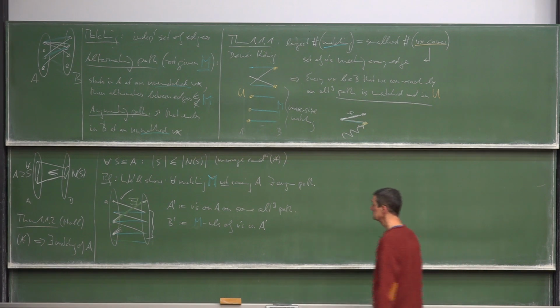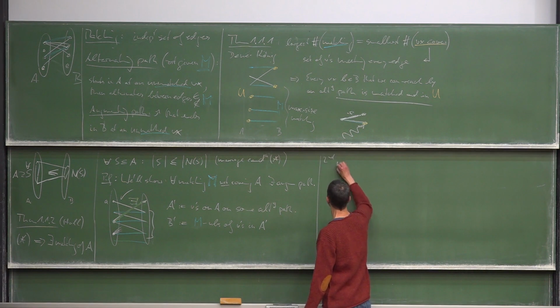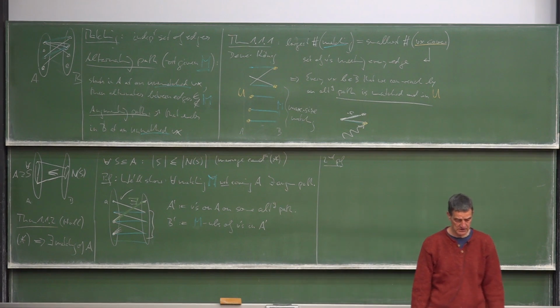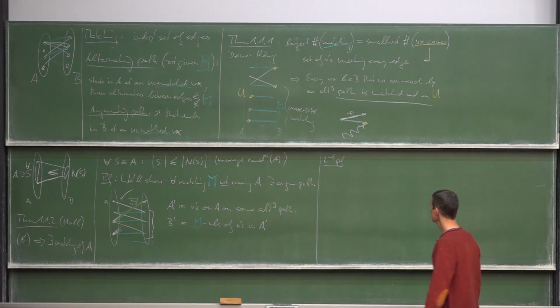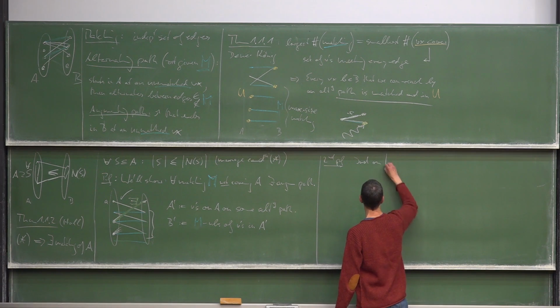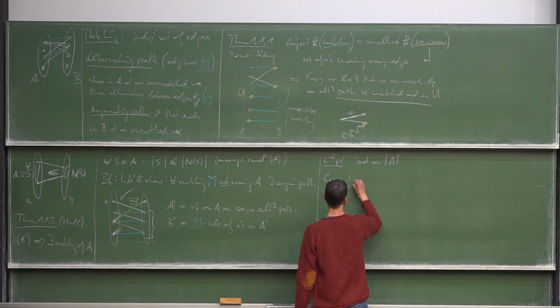Okay, second proof of Hall's theorem, of the marriage theorem, as it's called. We do induction on the order of A. And that's a very, very nice proof.